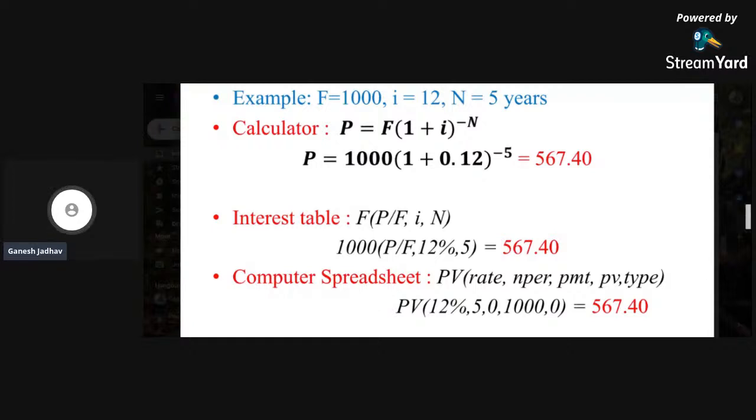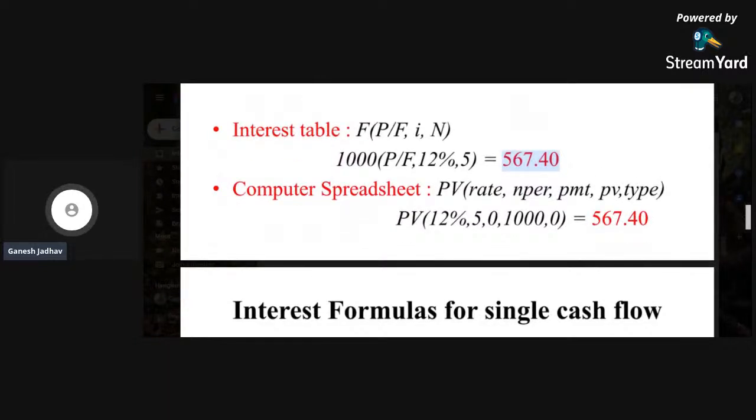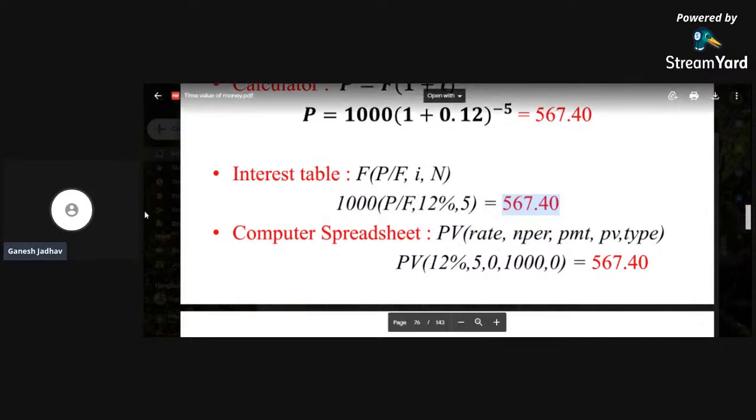Whenever you solve this calculation, you get 567.14. And from the computer spreadsheet, you have the rate, nper, the present amount, the primary value, and the type.